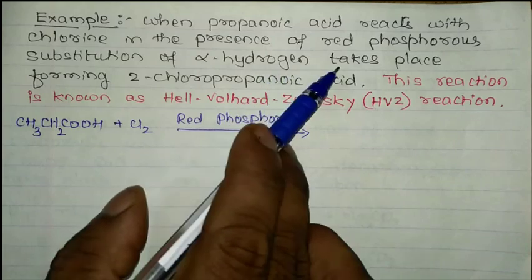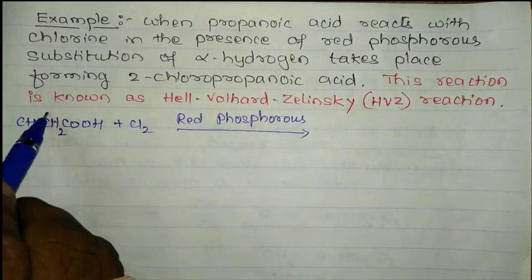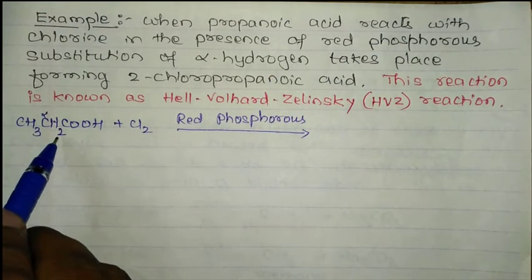Substitution of alpha hydrogen takes place. This is the alpha carbon atom and it contains two hydrogen atoms. These are alpha hydrogen atoms.